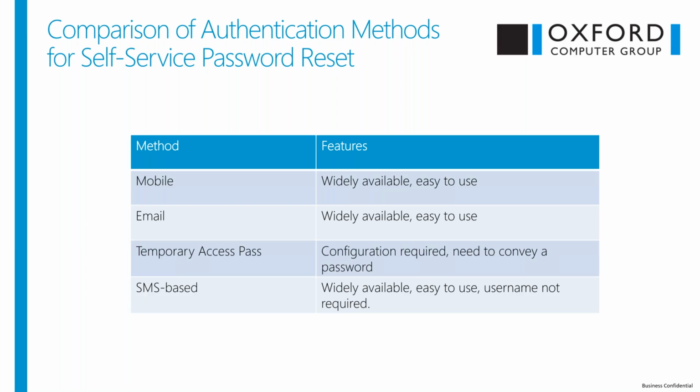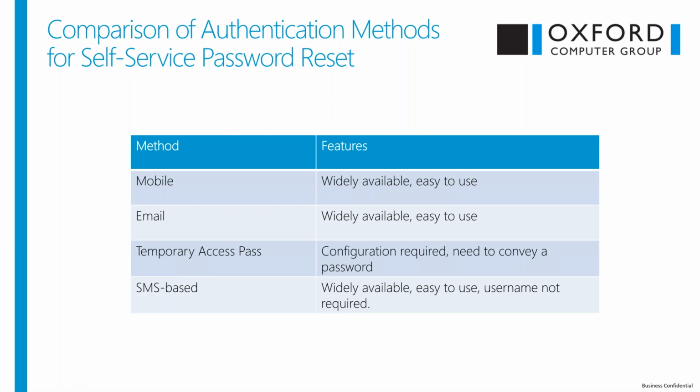So this is a comparison of all the authentication methods presented over here that we would want to use. Mobile and email are probably the easiest for everybody to do and probably be done by most. Temporary access pass is a special situation. It does require administrative configuration, although it can be automated via PowerShell, so it's not as difficult.